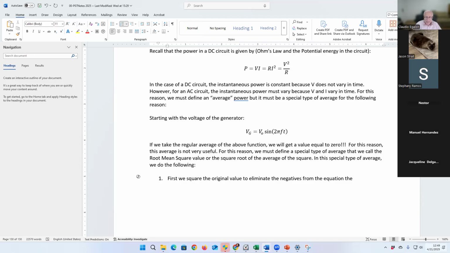Let me walk you step by step. One more minute to go. First, we square the original value. Next, we take the average of this squared value. Finally, we take the square root of this average. That's the special root mean square value, so this type of average is called the root mean square value.